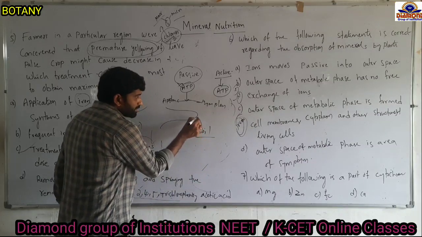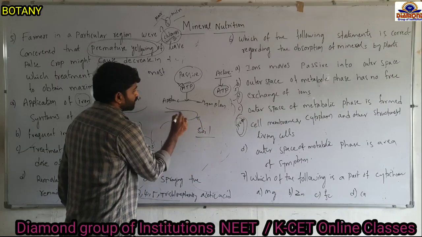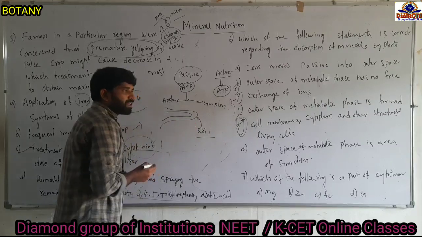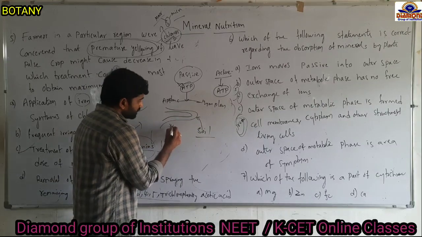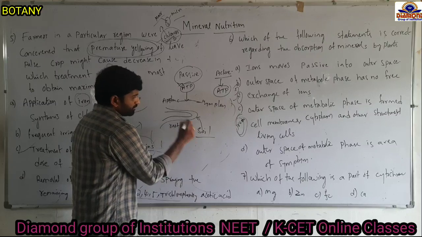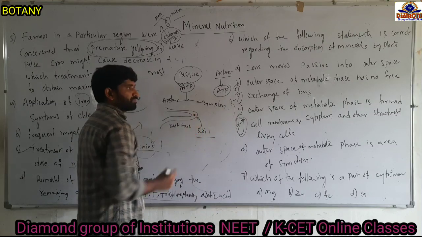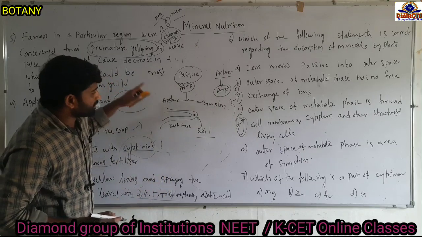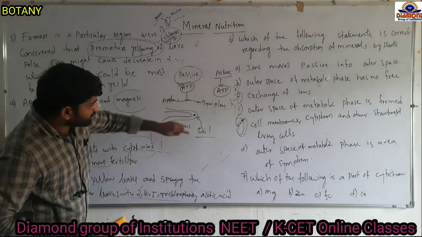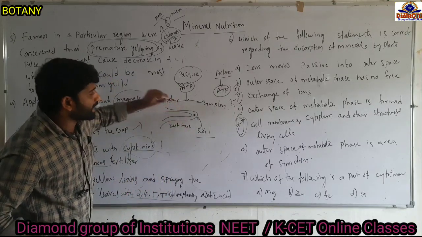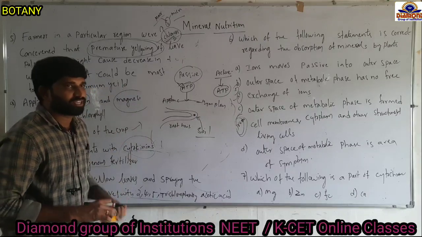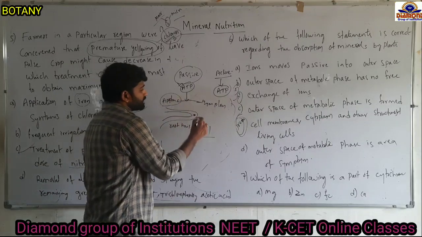Elements enter from the soil into the intercellular space of the root hair. This is the root hair. Here all of these elements come and are stored. So the movement of these elements from the soil into the intercellular space of the root hair is called the apoplastic pathway.